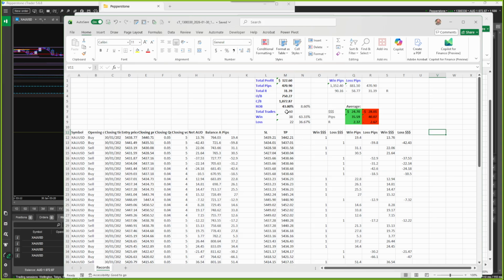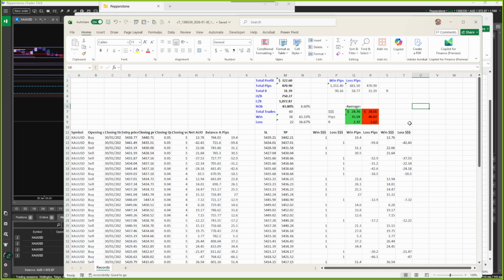I did 60 trades. I won 38, lost 22. My average dollar return was $24.70. I lost $28, which is pretty close, which is 35.5 pips win and 40 pip loss.